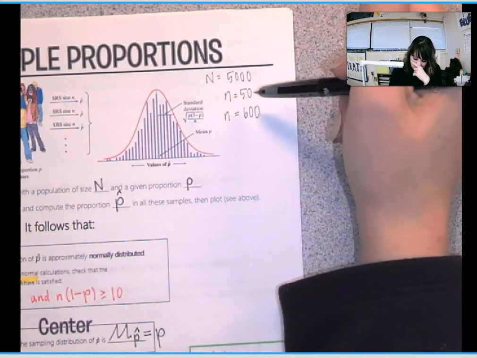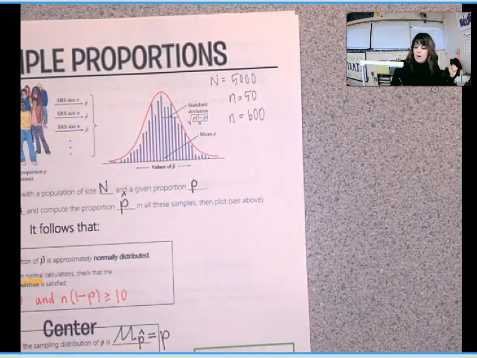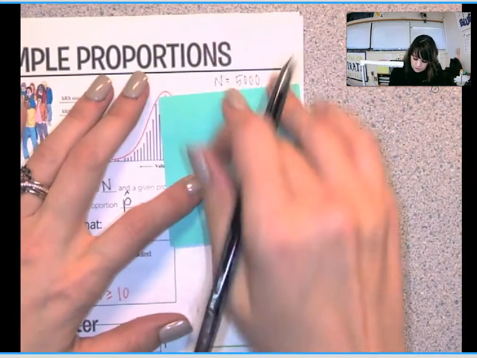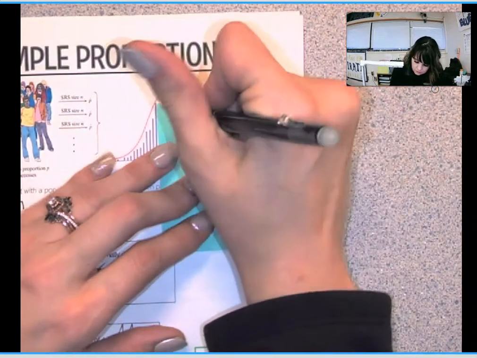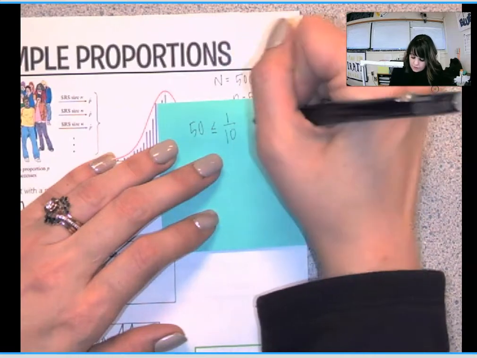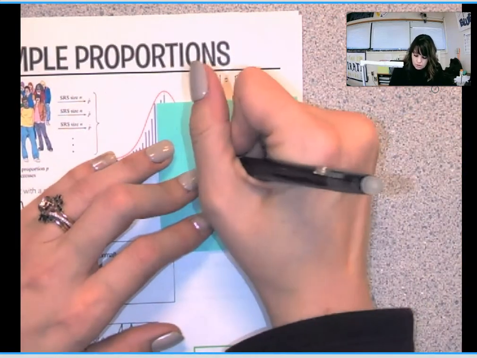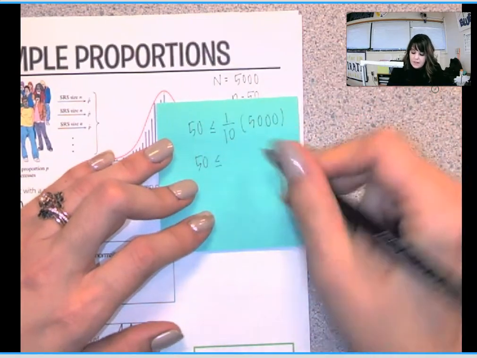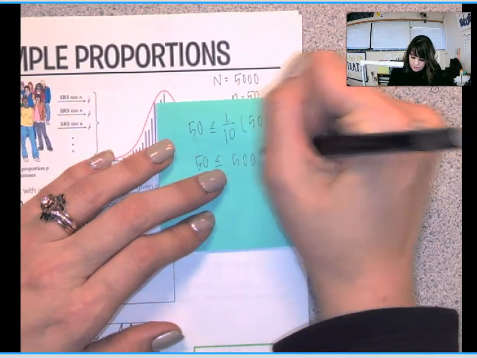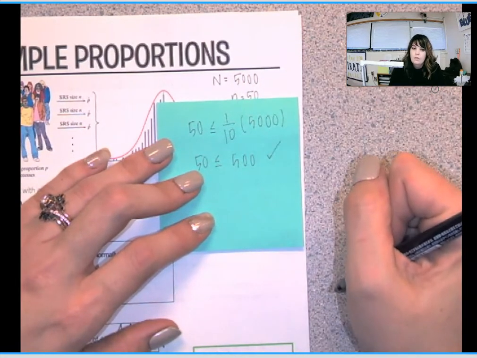Okay, so is 50, and maybe I'll write this on a Post-it note, is 50 less than or equal to 1/10 of the population? Well, is 50 less than or equal to 1/10 of 5,000, which is 500? So this sample size is okay.